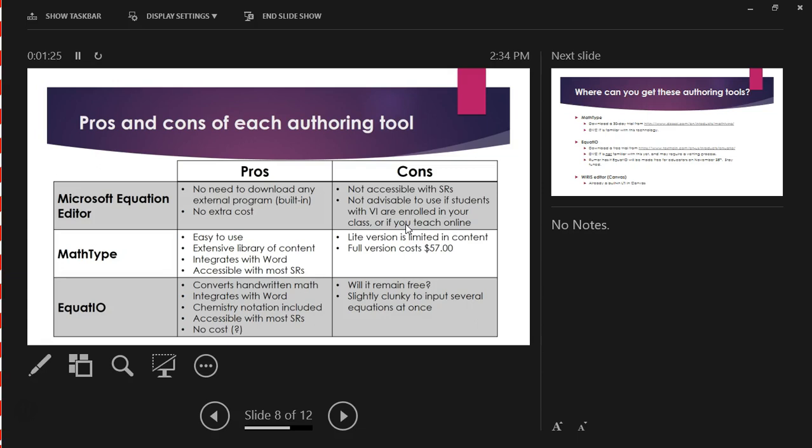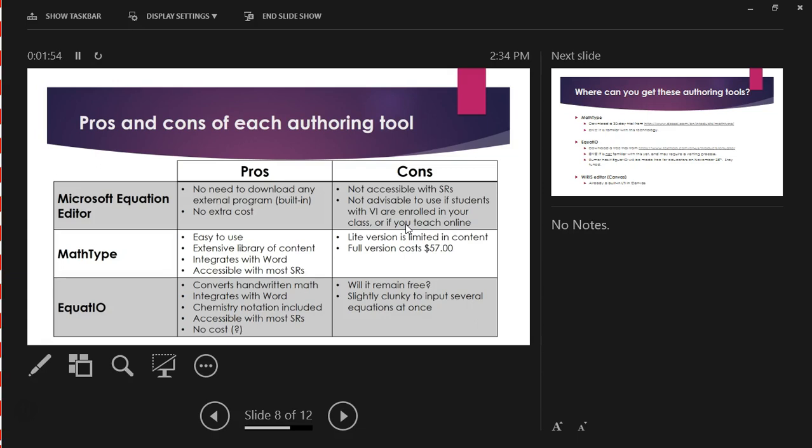I kind of feel like it sounds too good to be true if they're going to make it free for educators. Is it going to stay that way? Are they going to get us hooked and then want us to purchase something? I don't know. Yes, Equatio was made by a company called TextHelp. I did find in my testing these last few days that it's slightly clunky to input several equations at once.